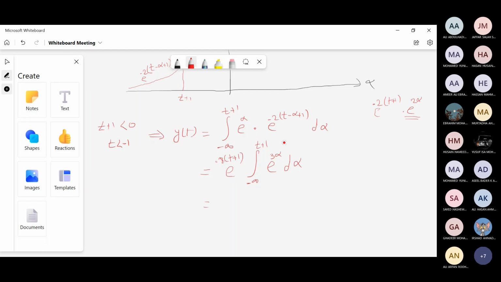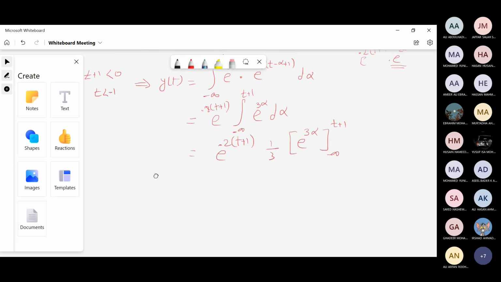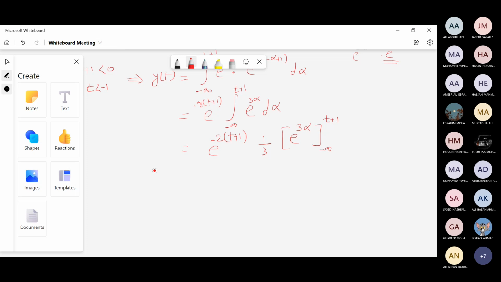So this is equal to e to the power of minus 2 t plus 1, and here it is e to the power of 3 alpha divided by 3, from minus infinity to t plus 1. So we just substitute here. This becomes 1 over 3 e to the power of minus 2 t plus 1.